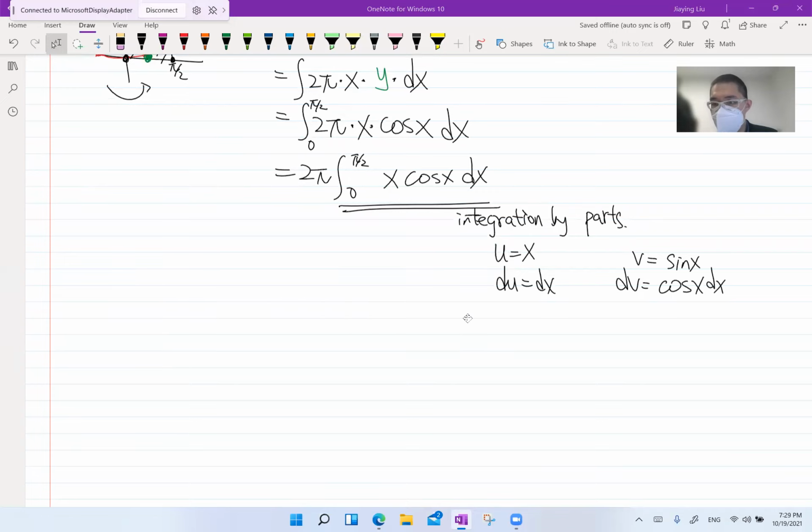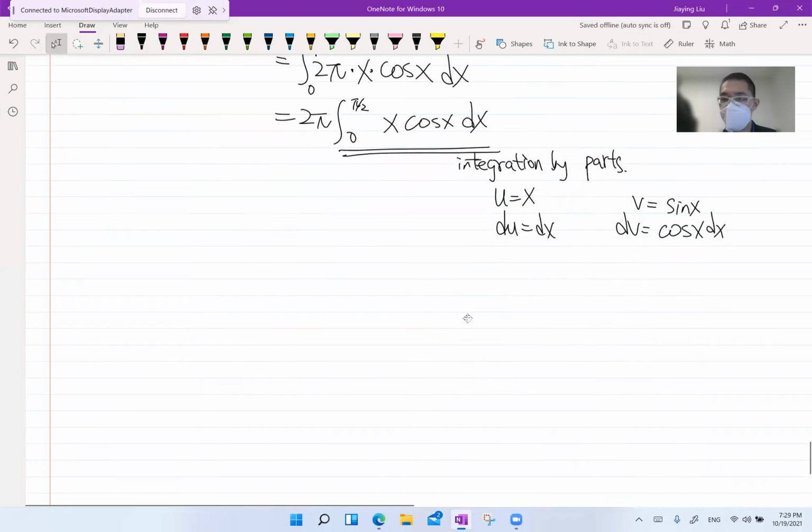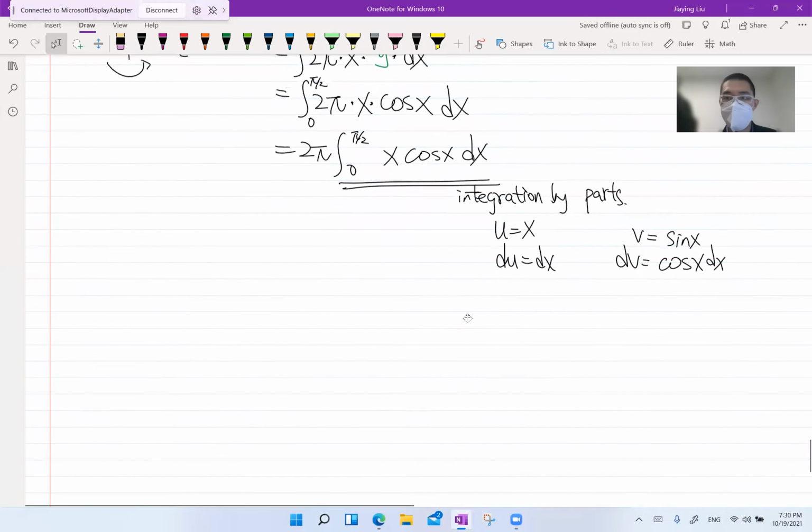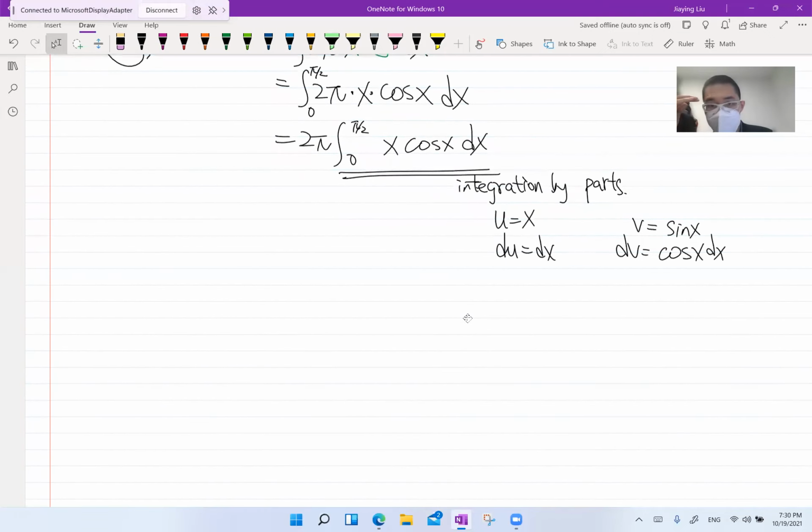Why is it three terms, not cosine? All right, so did I write something wrong? So in the integral I have, right over here, when I set integration by parts, the x becomes u.